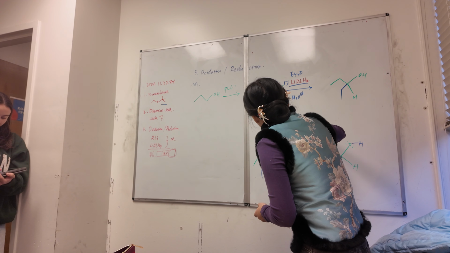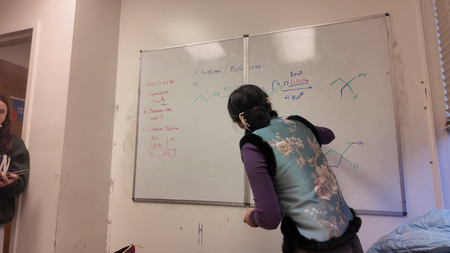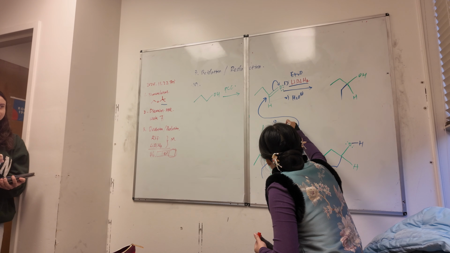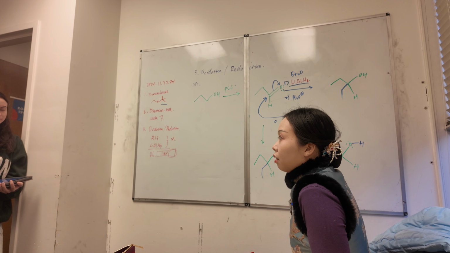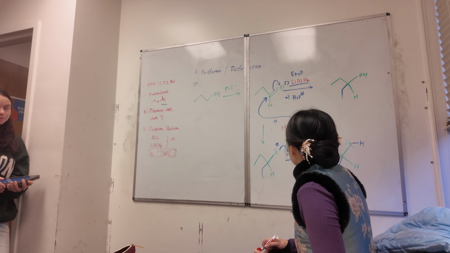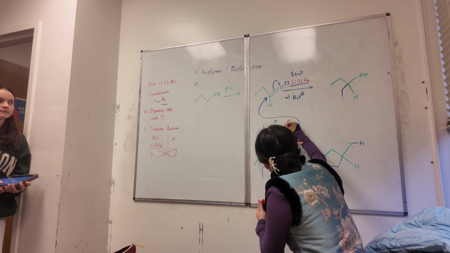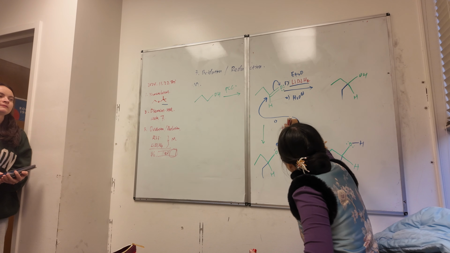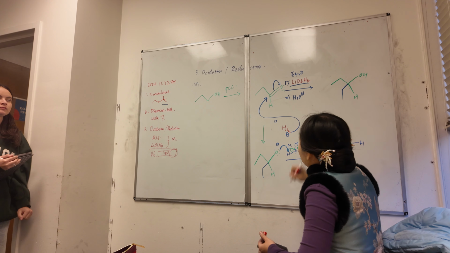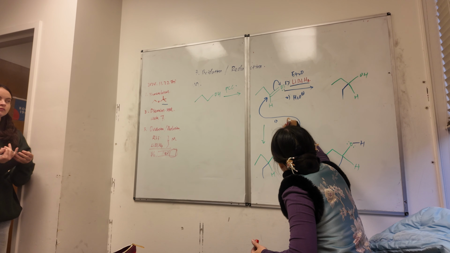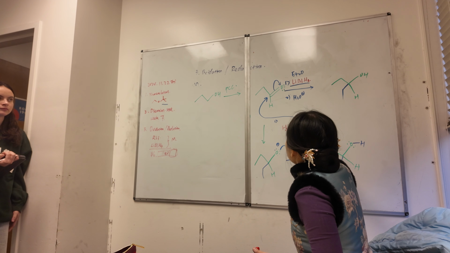Okay, then our R minus changed into H minus, right? It's not very obvious, but then you form the rest. Where does this hydrogen come from?